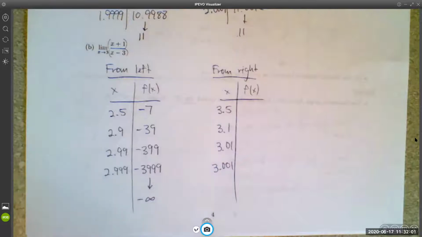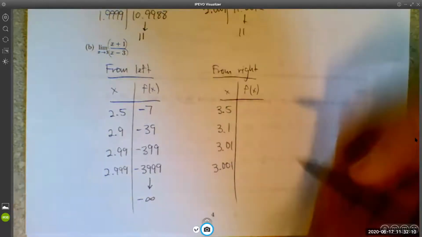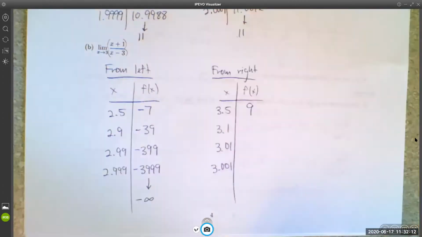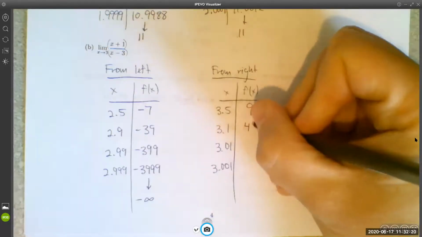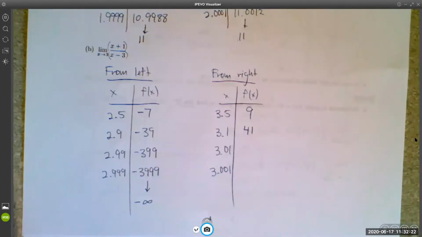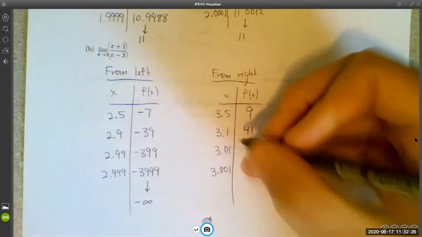Let's see. It's 3.5. Okay, so this one's starting at 9. If I replace it with 3.1, I get 41. If I replace it with 3.01, I get 401.